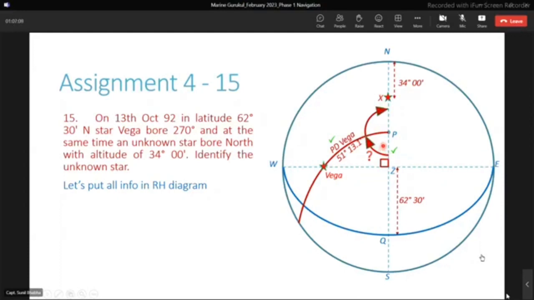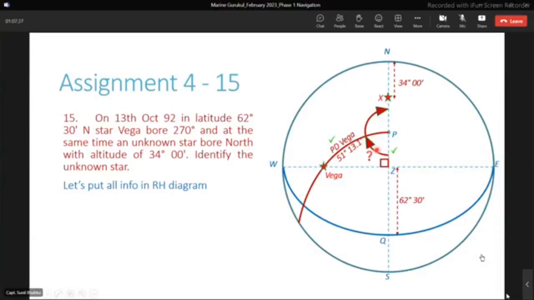So from this information, I can find out this angle, which I am highlighting with the laser pointer. And what is this angle? This angle is November Papa Vega. This is the angle which I am talking about. And what is this angle here? This angle is LHA of the unknown star minus LHA of Vega.